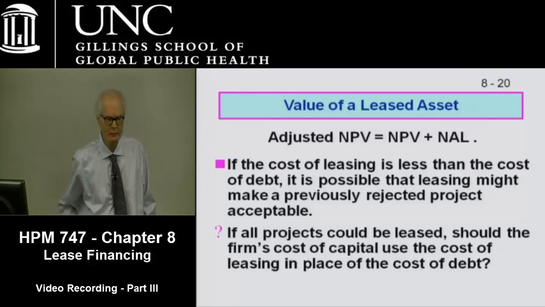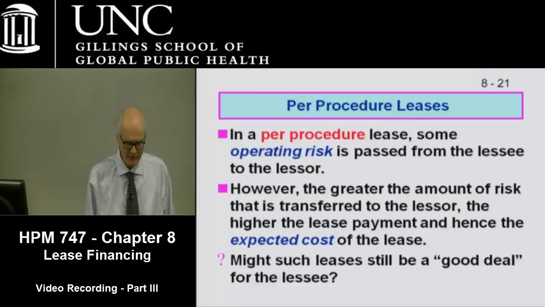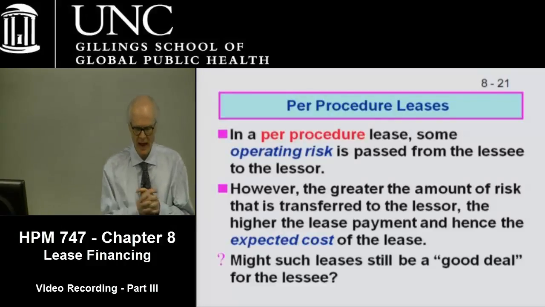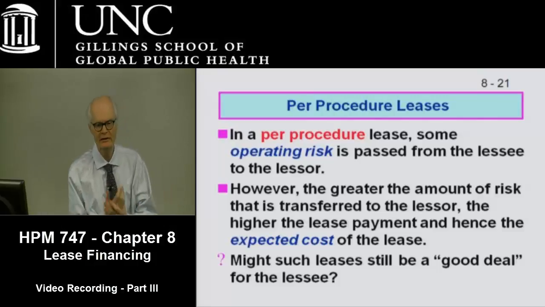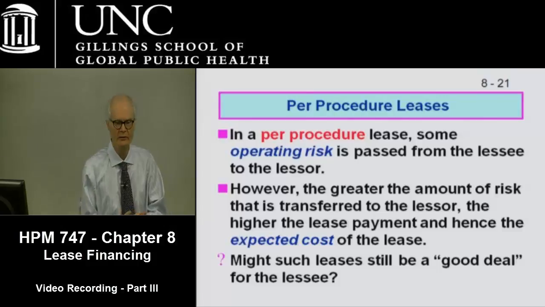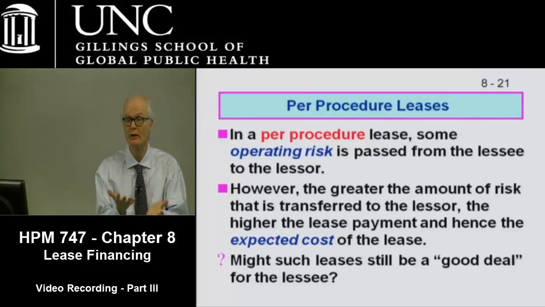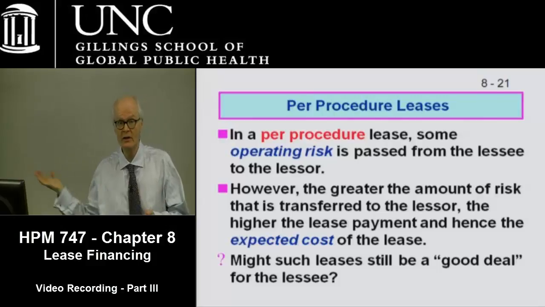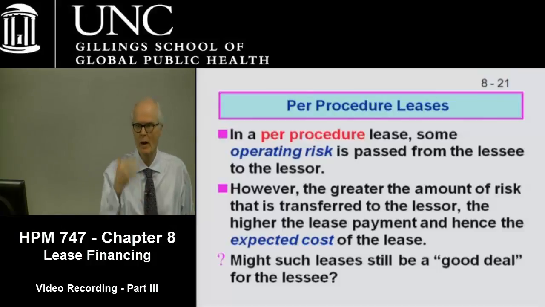Something that's become popular in the last few years are per procedure leases. And what this is essentially, it passes some of the operating risk from the lessee to the lessor. So when you lease an asset, you've got the MRI or the scanner in your radiology department. You only get revenue from it if you actually use it, and your costs continue. Well, with a per procedure lease, essentially, you only pay a cost on the machine when you use it.